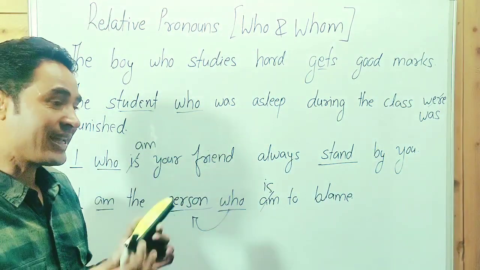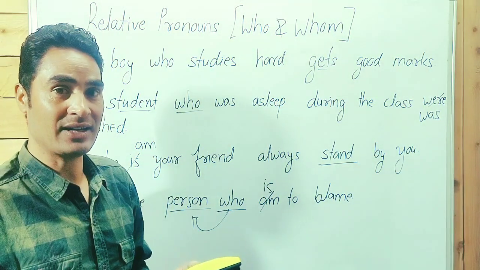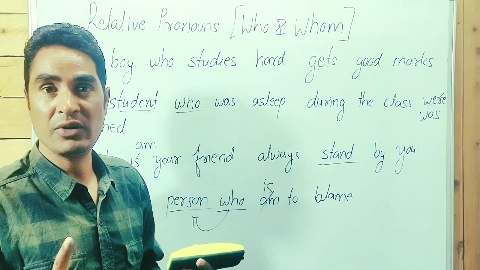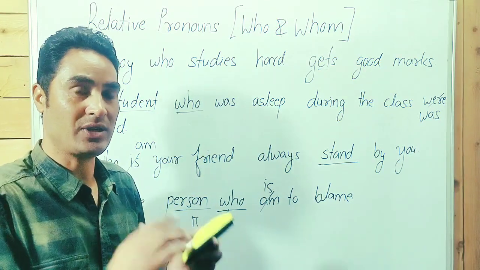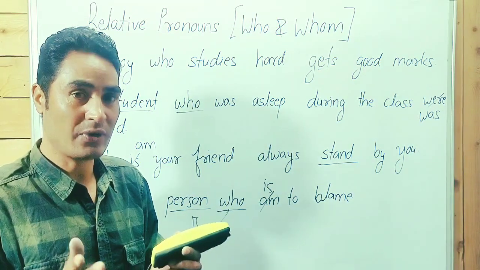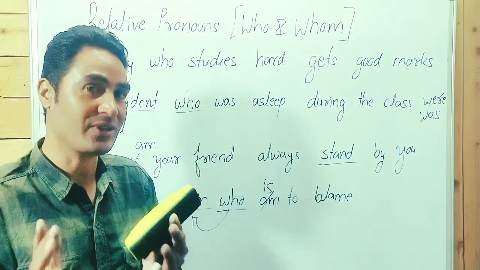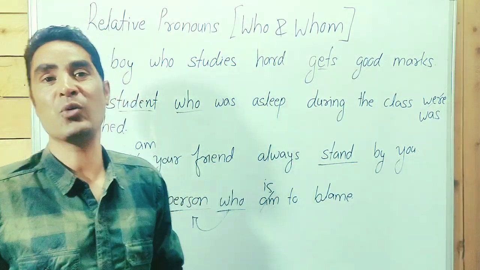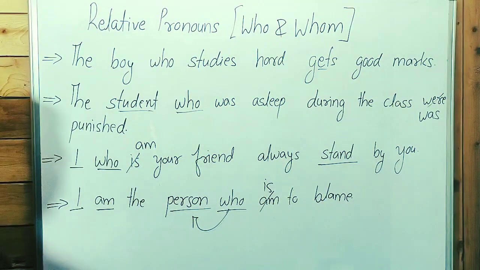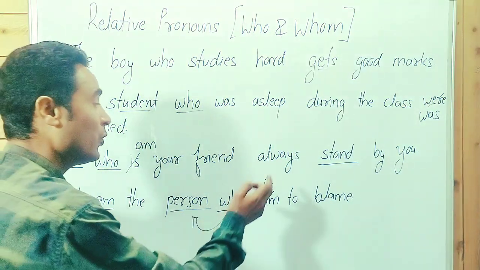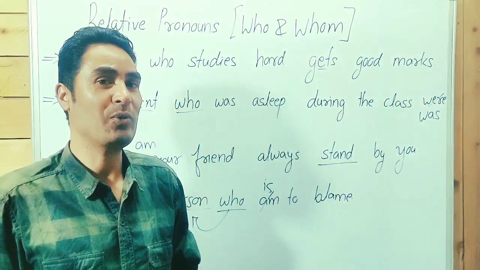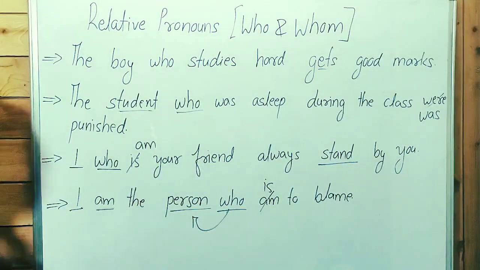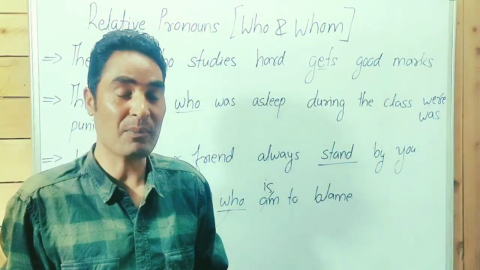I explained each and everything in the pronoun chapter, about first person, second person, and third person. If you haven't watched that video, go to the description and watch. So, I am the person who is to blame, not "who am to blame." I hope you understood. In the next slide, we will learn some examples.